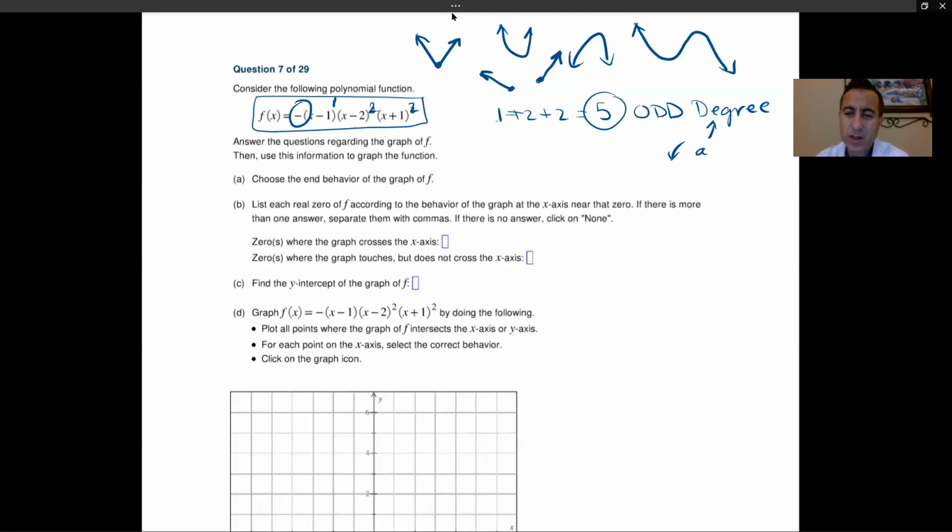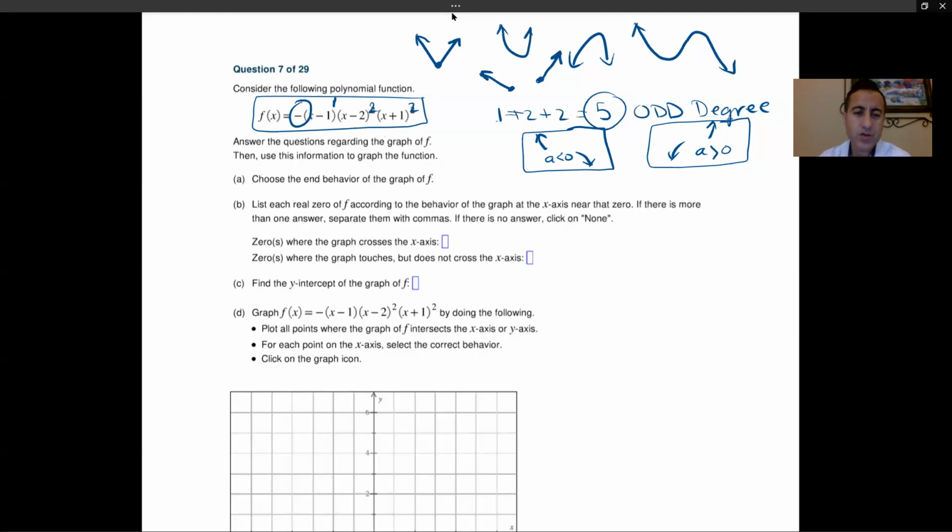So let's just call it A. If this A is positive, then we're supposed to have this with that degree. But here we have A to be negative, so it's going to switch. It's going to rise on the left and fall on the right.